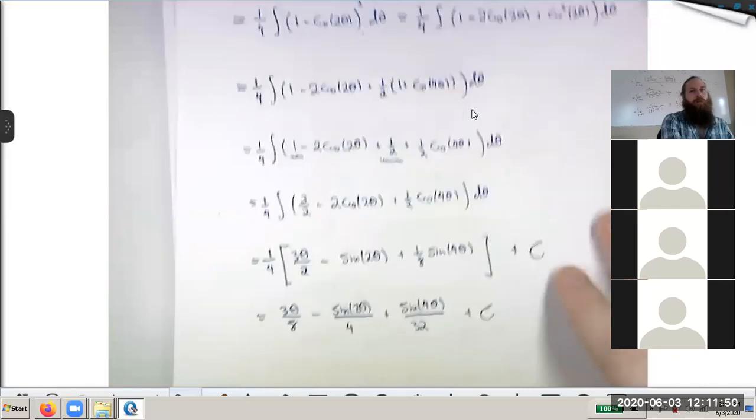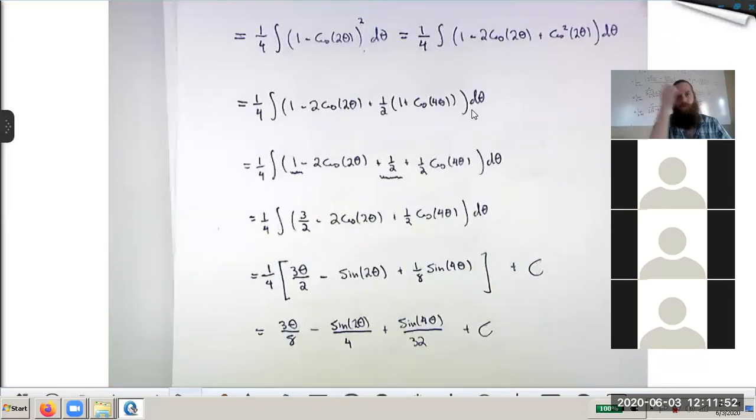It just looks better, it flows better. There's nothing wrong. You could split up the integral at this step if you wanted to, but then you'll have some like terms that you need to combine at the end. And I would prefer to keep everything together. That's what I meant when I said I'm going to do this as efficiently as possible, as nicely as possible. This is kind of the ideal notation.